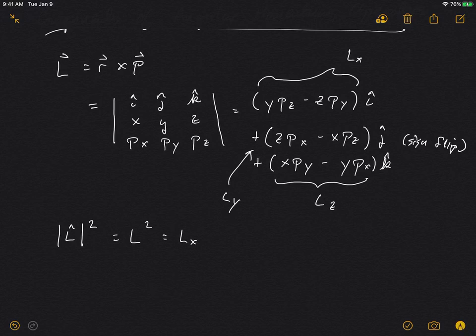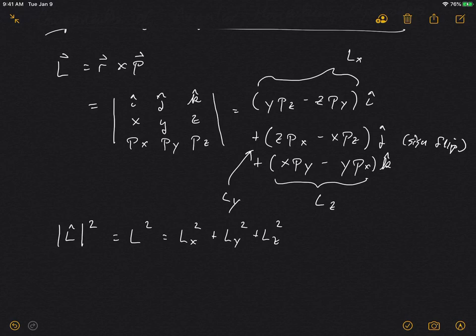So that's going to be L_x squared plus L_y squared plus L_z squared. And it turns out that we can pull that out of our spherical harmonics pretty easily. And we can think that this is the scalar length squared of the angular momentum vector, right? So if we think of the angular momentum vector, this is its square magnitude.